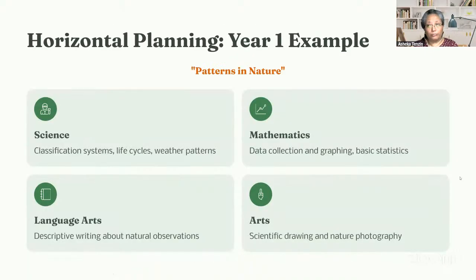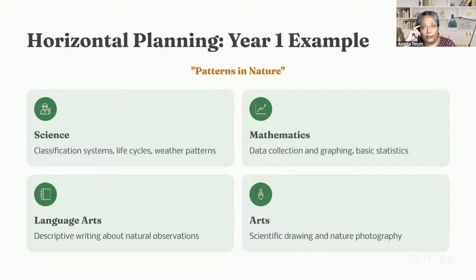So very often in the MYP, you will hear about these two words, horizontal planning and vertical planning. So what do you mean by horizontal planning and how does it look? So suppose I'm going to take this one example of MYP 1, grade 6, and I'm going to study patterns in nature in this particular unit, so then when we have to do horizontal planning, in sciences, I'm studying classification systems, life cycles, weather patterns.